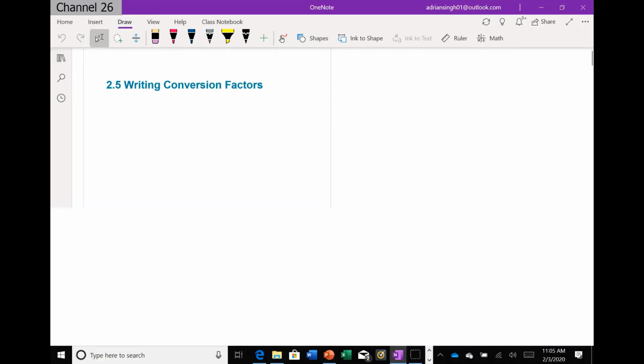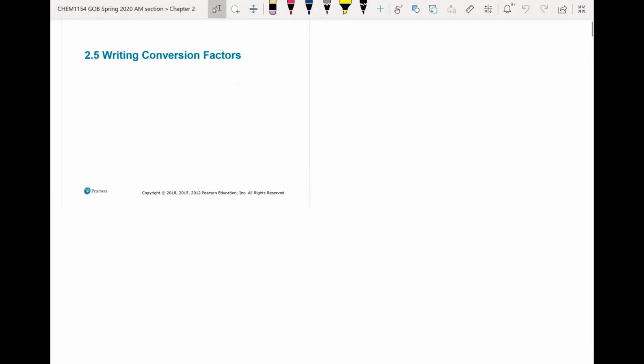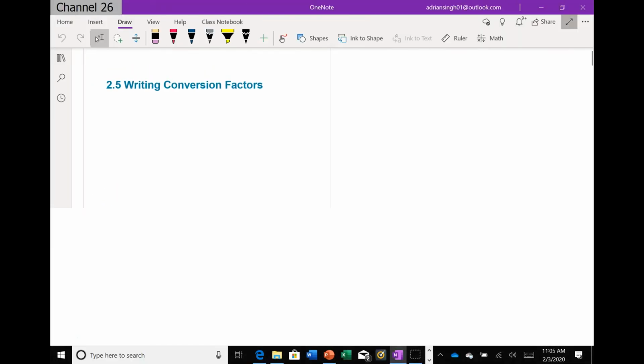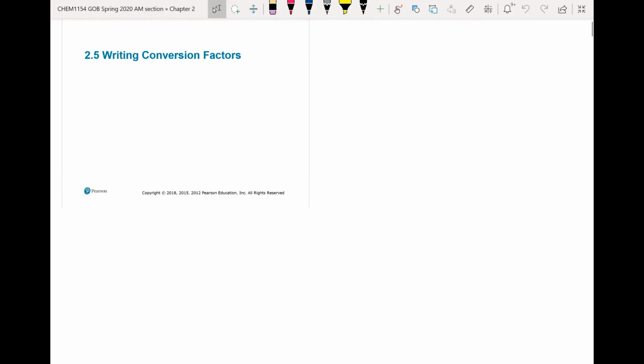Next thing we're going to do is actually just an extension of knowing what those equalities are. And that is taking those equalities and writing what are known as conversion factors, right? This is going to be really at the heart of how you approach problem solving in this class. And this may or may not make you feel good, but a lot of the problems that you do in this class just boils down to basic math.